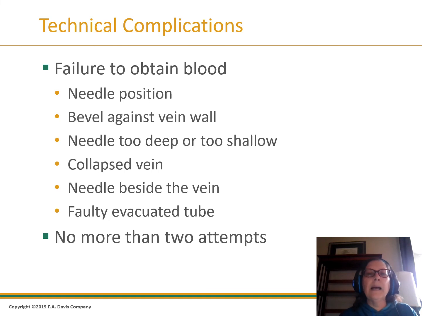A vein may collapse if there is too much pressure from a large gauge needle or a large vacuum tube. Pulling back too hard on a syringe can also collapse a vein. Missing the vein, of course, will cause you not to get blood. If you think you are in the vein, try a new tube in case the other one is faulty. Do not make more than 2 attempts.